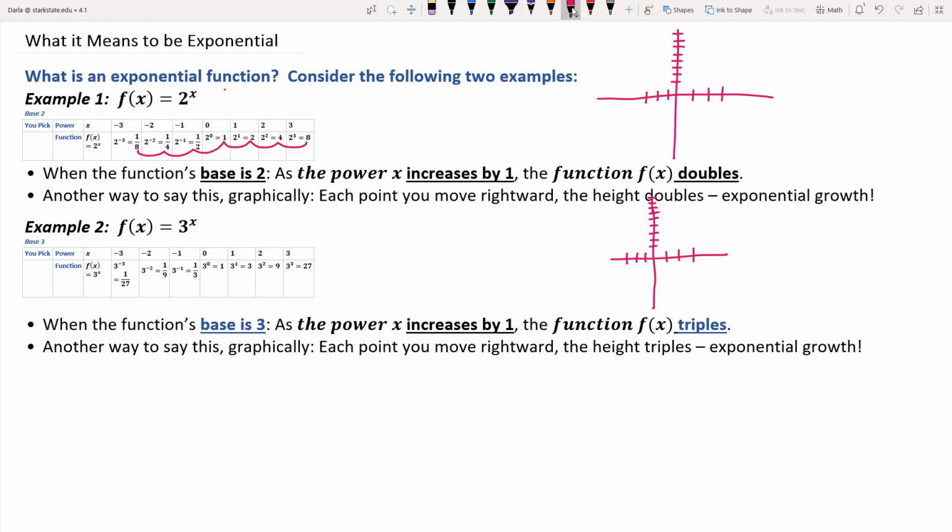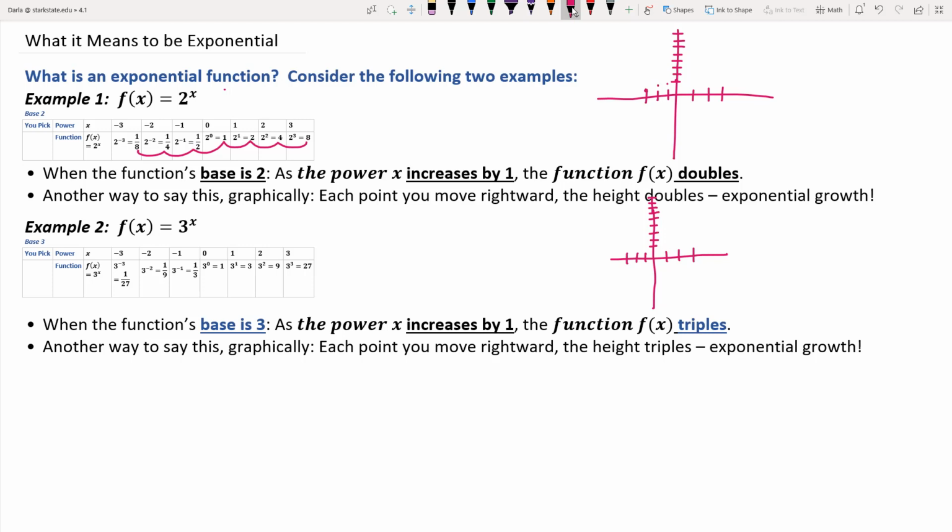And we could graph that. So if x is -3, we're at 1/8, which is a small number close to 0. If x is -2, so if we're 1 bigger, then your f of x is a little bit bigger. It's at 1/4. If x is -1, we're at 1/2. If x is 0, we're at 1.